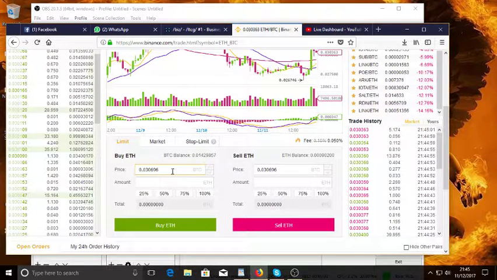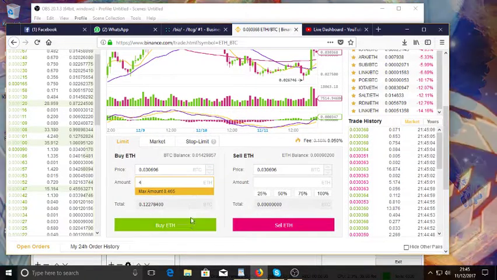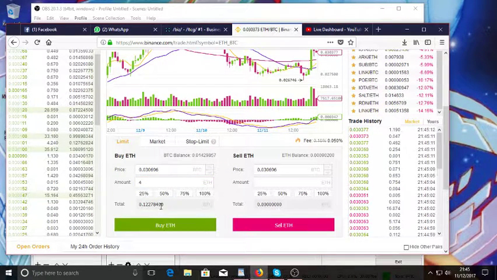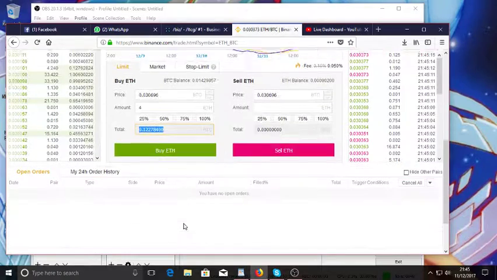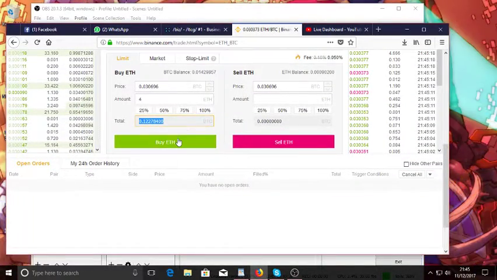So let's say the price of ETH now is 0.030696. Let's say I want to buy 4 ETH. It comes up to this amount of Bitcoin. I click buy, and my order would appear at the bottom here. Obviously, I don't have enough Bitcoin for that.